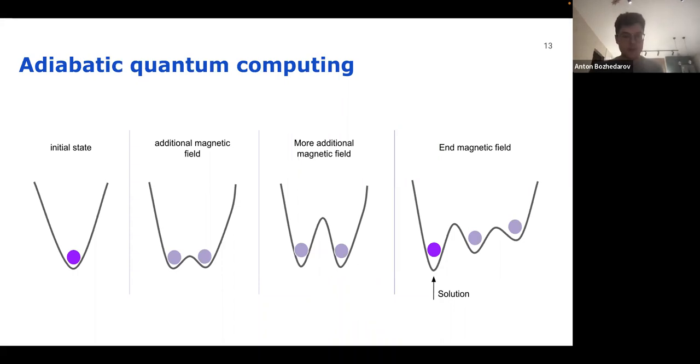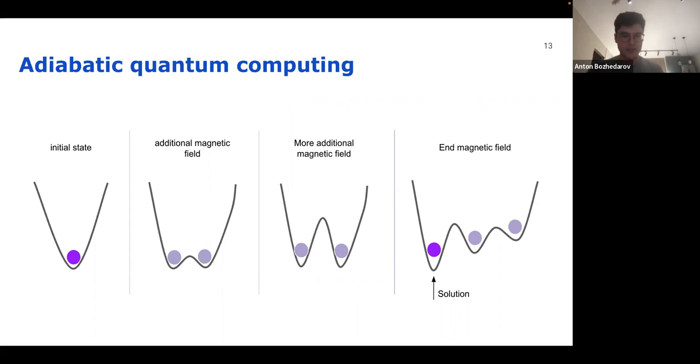But from adiabatic quantum evolution, we say that if we start with a very trivial case and add piece by piece some modification to this magnetic field, or to this energy function, in the end our system will be exactly in the ground state, the state that corresponds to the minimum energy level of this magnetic field.